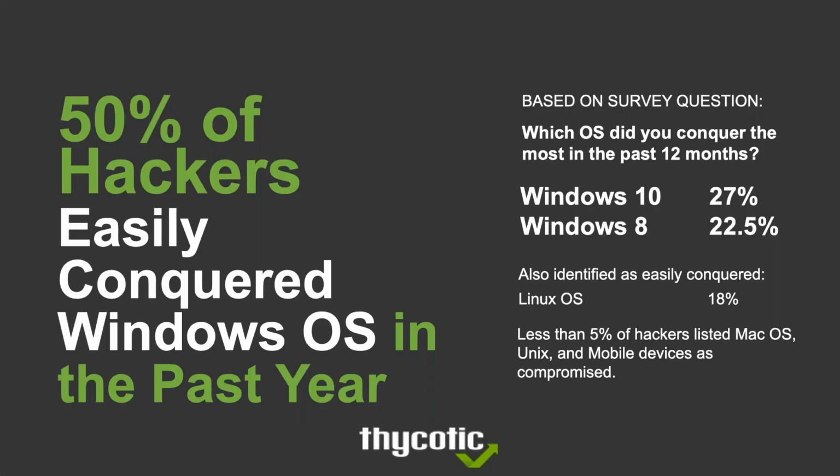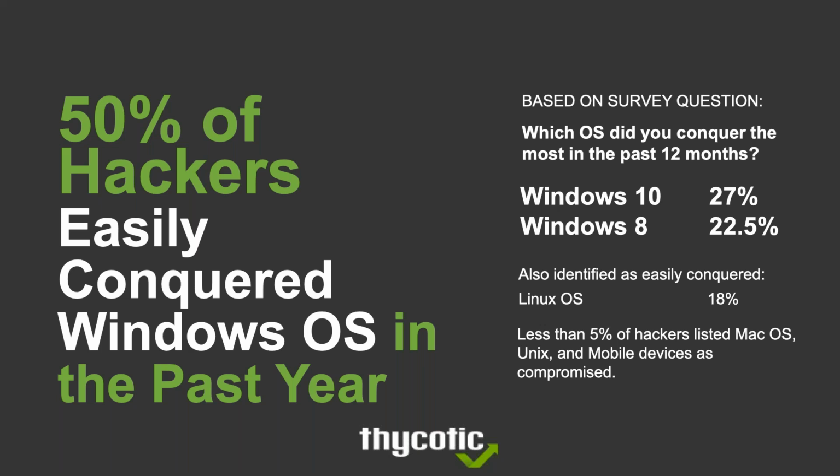Breaking it down, Windows 10 and Windows 8 combined were almost 50% of the systems that were easily accessible, with Windows 10 at 7%, Windows 8 not far behind, and then Linux operating systems followed. Surprisingly, less than 5% listed Mac OS, Unix, and mobile devices as the devices they targeted or were able to compromise.